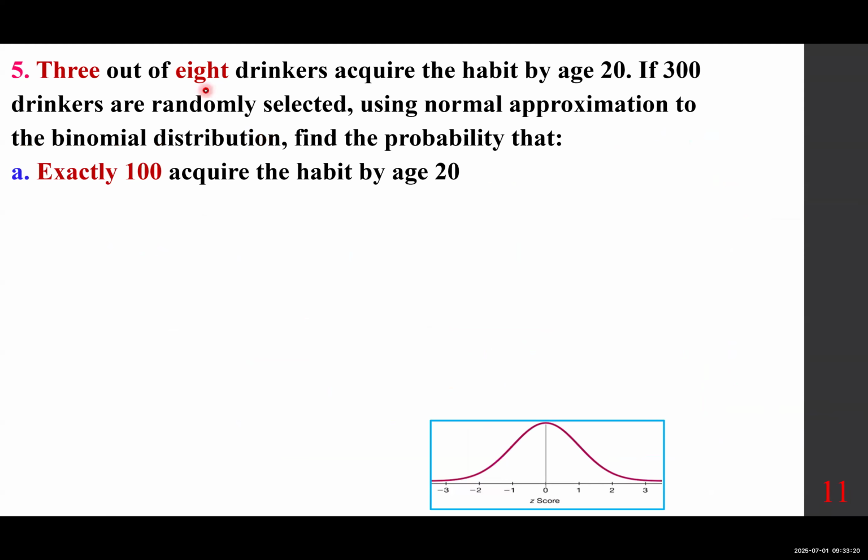3 out of 8 drinkers acquire the habit by age 20. If 300 drinkers are randomly selected, using normal approximation to the binomial distribution, find the probability that exactly 100 acquire the habit by age 20.